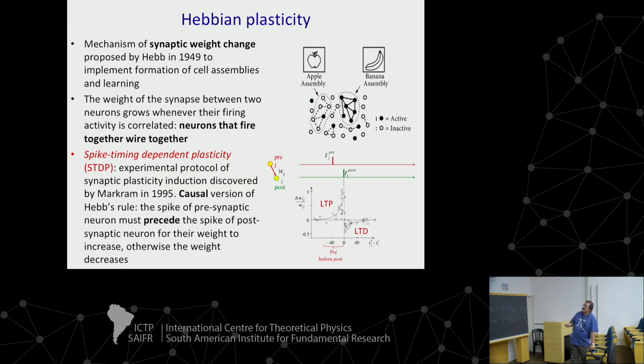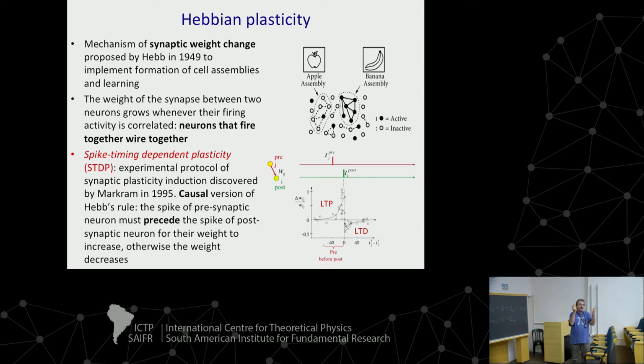Much more recently, in the late 90s, Markram in Switzerland and other colleagues found this phenomenon called spike time dependent plasticity, which is a causal version of the Hebbian rule. Because the Hebbian rule is solely based on the correlation between the two cells, pre- and postsynaptic cells. It doesn't care about the timing of the presynaptic and postsynaptic spikes.